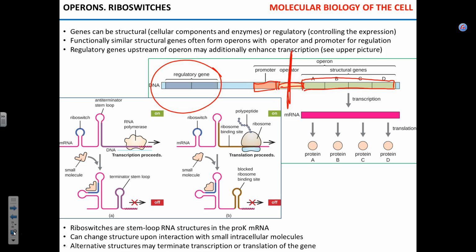Is that more or less clear, the structure of the operon? Structural genes do the job, promoter initiates the transcription, and operator decides, regulates whether the transcription will go or not. And sometimes regulatory genes get involved.